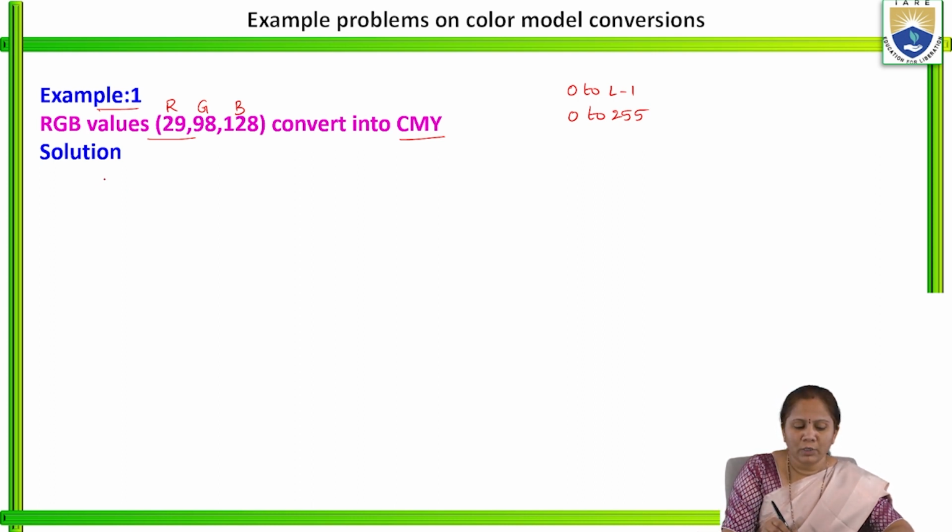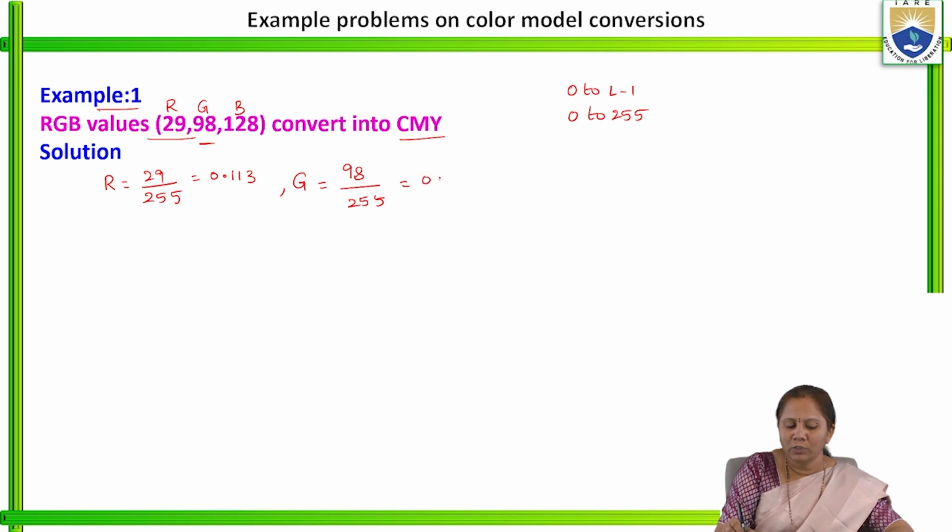So to find the value of R, it is 29 by 255. So the value is 0.113. And the next color is G. It is given as 98. So 98 by 255 is 0.384.